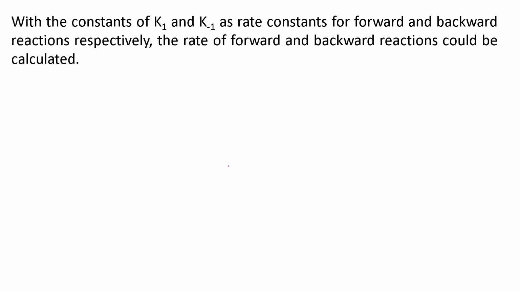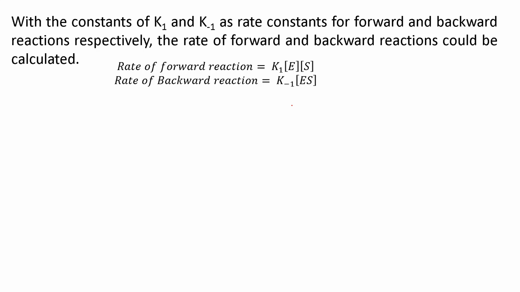Now, with the kinetic constants K1 and K minus 1 as rate constants for the forward and backward reaction, respectively, the rates of forward and backward reaction could be calculated since we know their rate constants. So the rate of the forward reaction is equal to K1 multiplied by free enzyme concentration multiplied by substrate concentration.